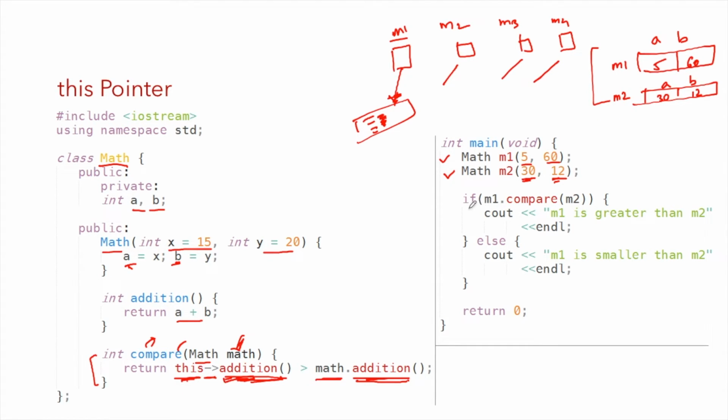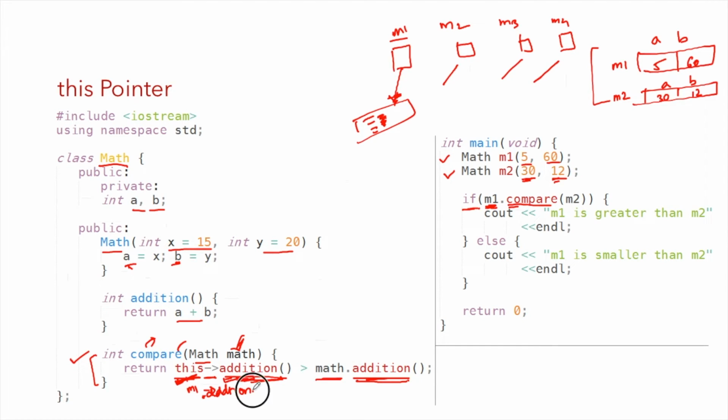Then the interesting part: inside the if, I'm writing m1.compare. This function will be called, but notice that I'm calling the compare function using the m1 object. So technically we are calling m1.addition. Because the compare function was called by m1, this is pointing to m1.